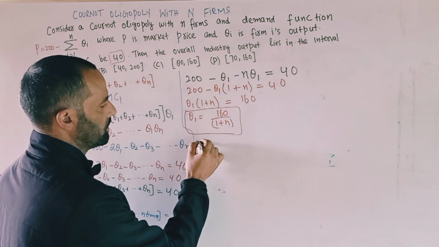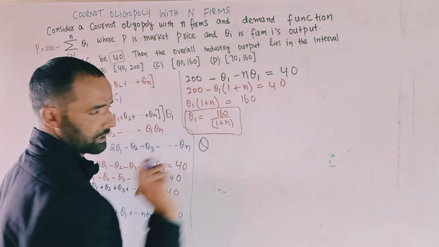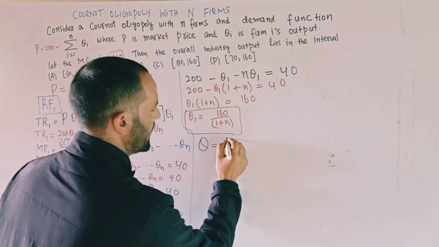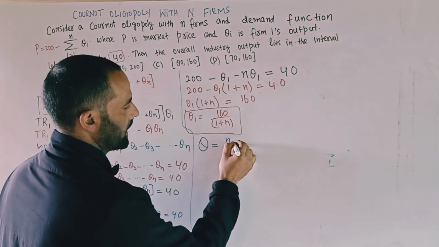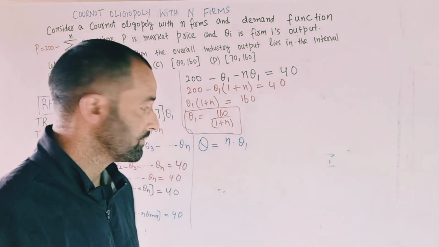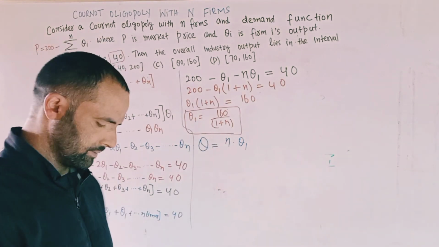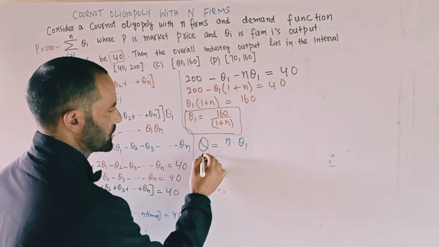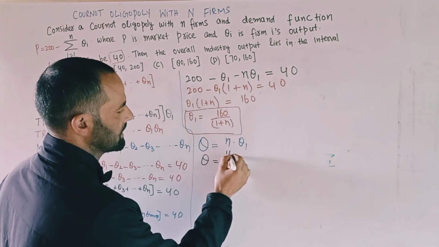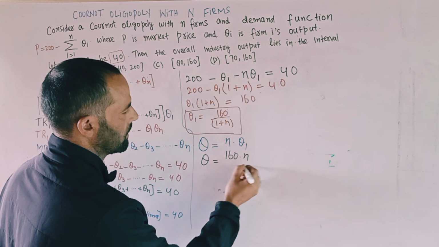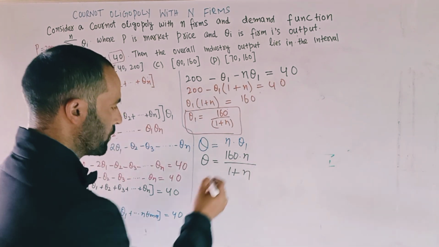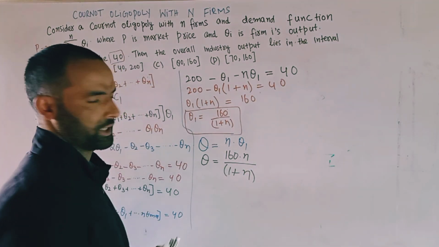Then industry output, let's denote it by simple Q, will be equal to the number of firms, that is n, times Q1. So Q will be equal to 160 multiplied by n divided by 1 plus n. This is the industry output here.